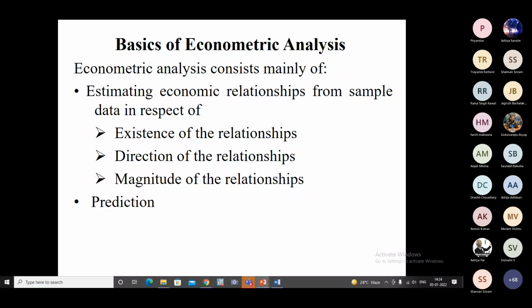Does it necessarily mean that irrigation has greater impact on agricultural growth vis-a-vis use of fertilizers? In this course, we will be focusing on comparing the two coefficients statistically.